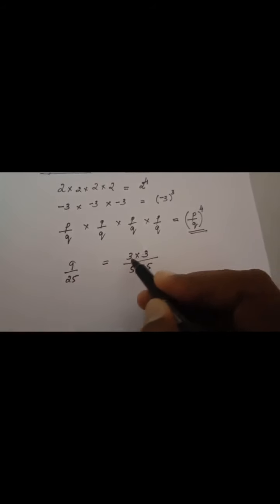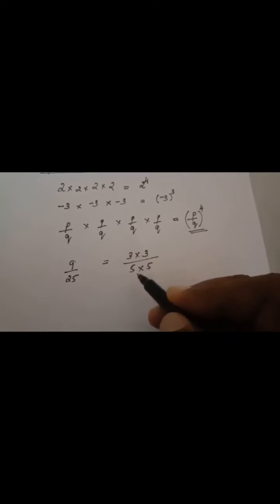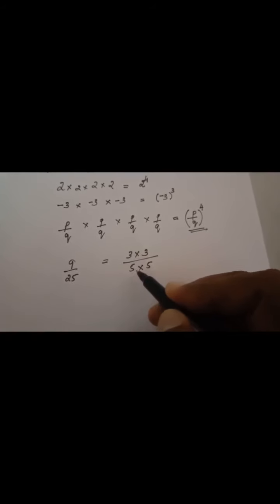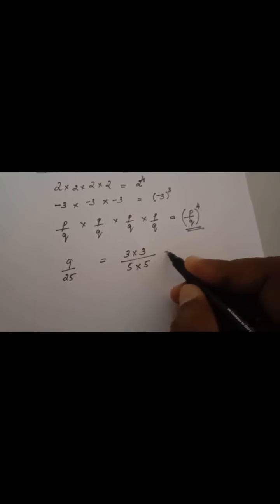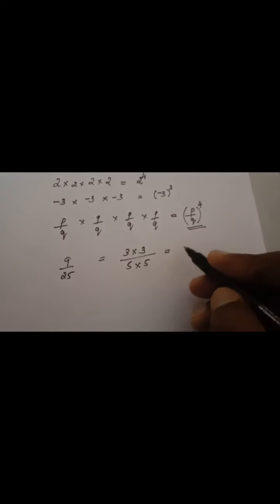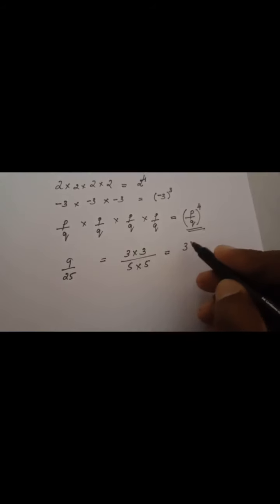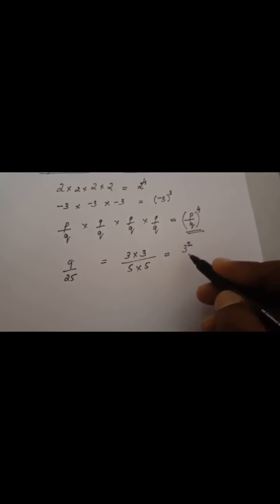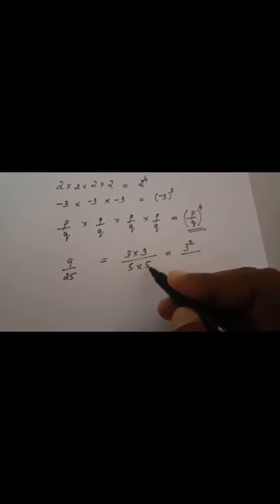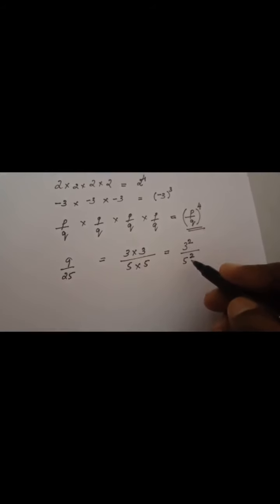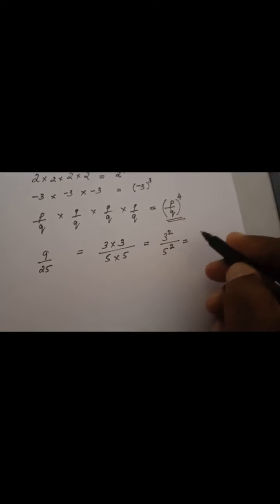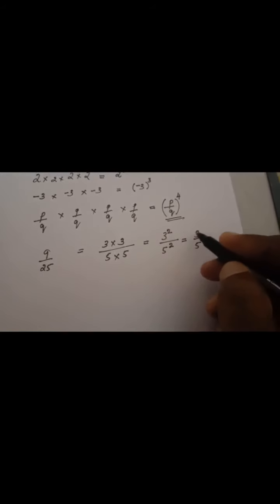So the same number is multiplied 2 times in the numerator, and another number, 5, is multiplied 2 times in the denominator. So this can be written as 3 to the power 2 upon 5 to the power 2. Since the powers are the same in both numerator and denominator, we can write this as 3 upon 5 the whole power 2.